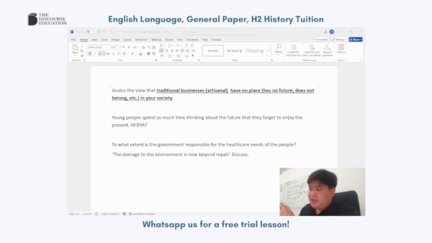So as I was saying, the next step is then to take all these key terms that you break down first by their dictionary meaning, and then we apply it to the context of the topic of discussion. So that's how we arrived at definitions of traditional businesses referring to certain cultural products or cultural services.